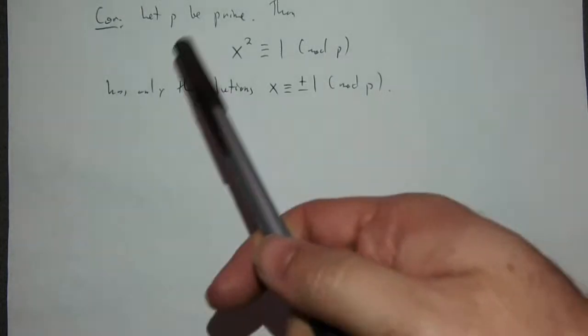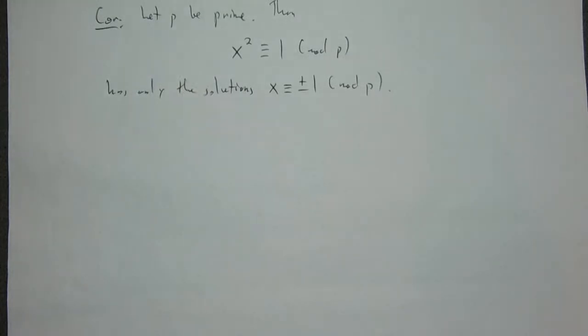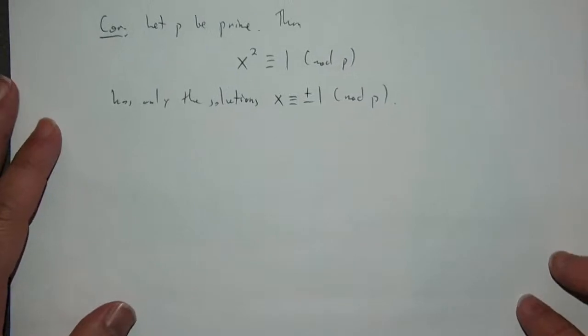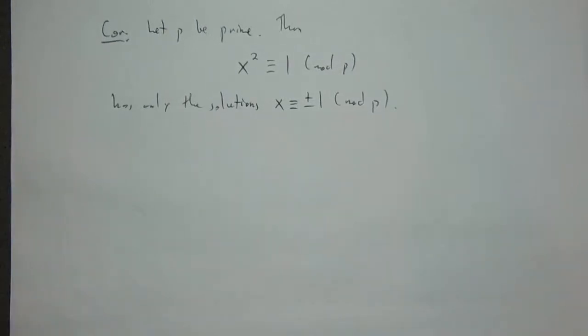If you pick M instead of P here, where M is composite, in general these facts are not facts anymore. They're just not true in that case.